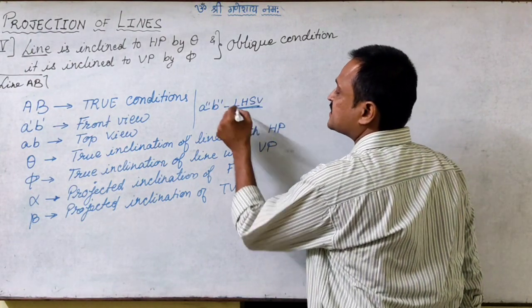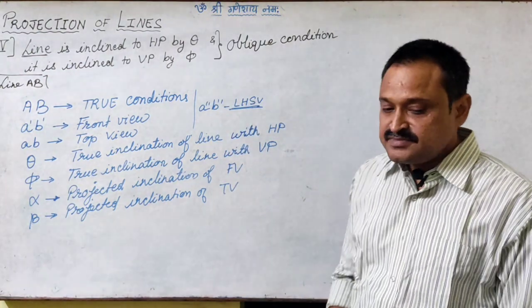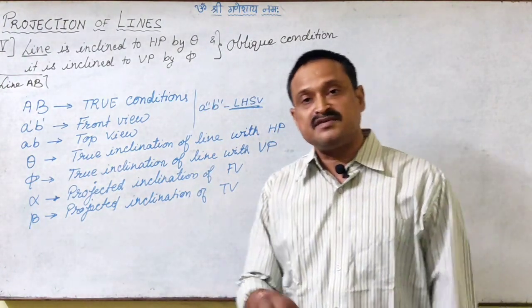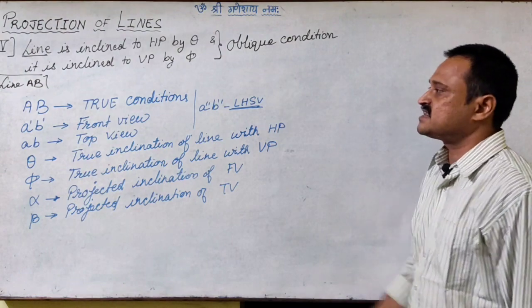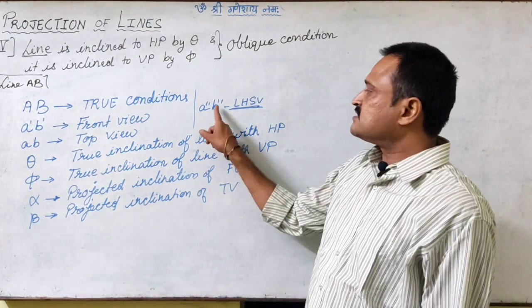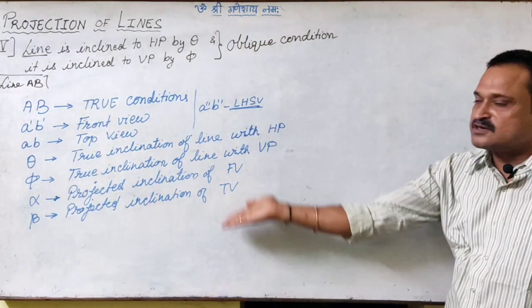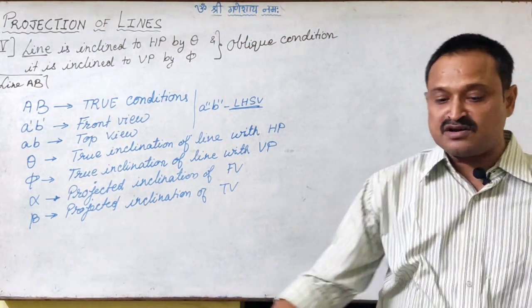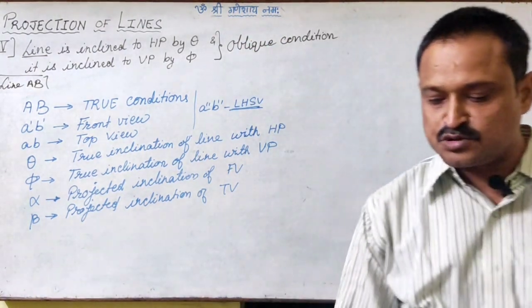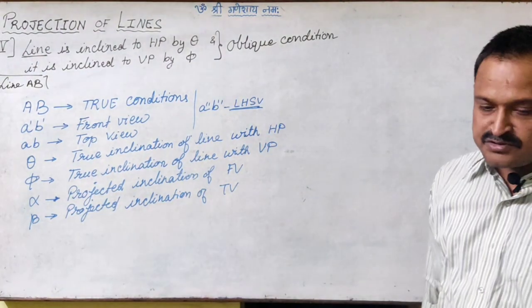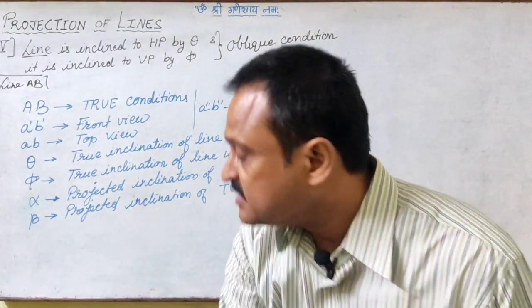I am mentioning left hand side view because in the first angle method, until and unless it is mentioned, we will always go for the left hand side view. So if it is a profile image, the notations will be as this. These are the notations which we will always follow when we are doing orthographic projections, right?